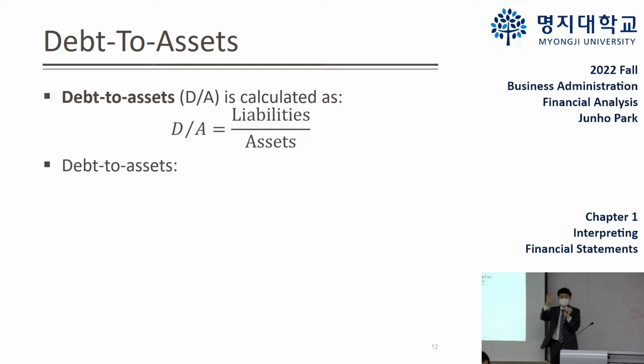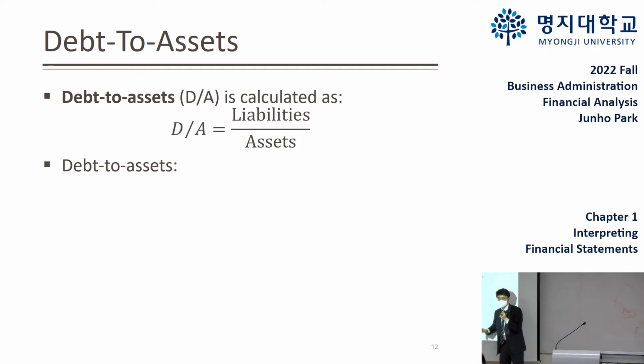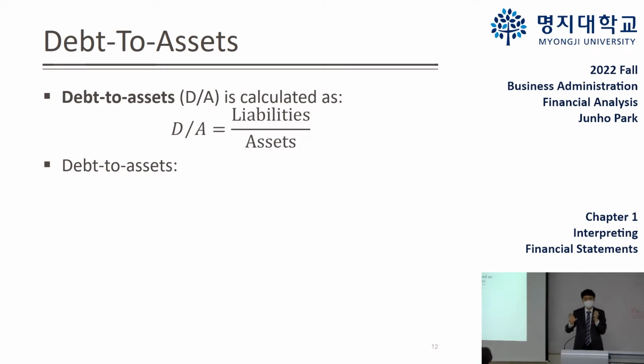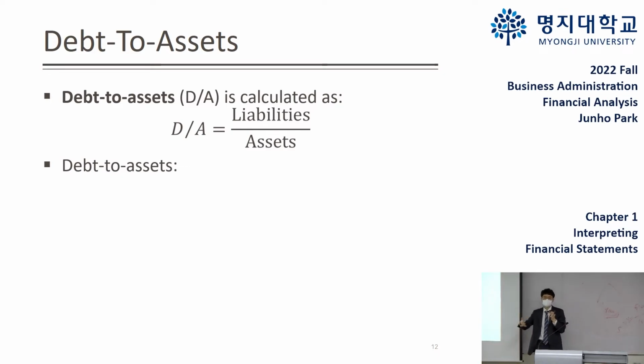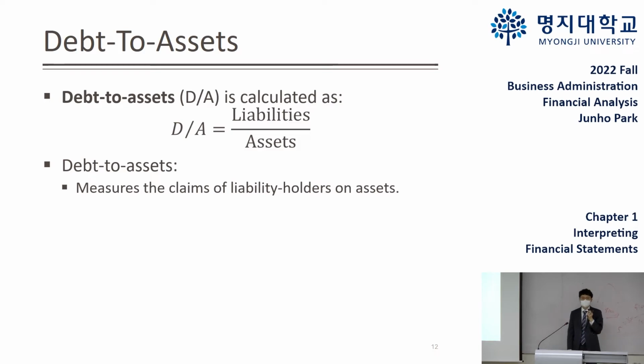Basically, the assets are your resources to make money, and liabilities and equity are about where that money is from. So liabilities are from others, and shareholders' equity is your own money. So if you are calculating this debt to assets, it means how much you need to pay to others first because you borrowed money from others. So it measures the claim of the liability holders on your assets.